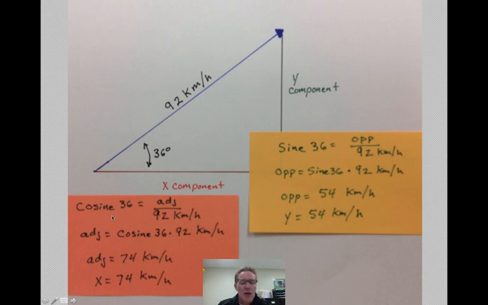Cosine of 36 is equal to adjacent over 92 kilometers per hour. We could rearrange and solve for adjacent. So adjacent is going to be equal to cosine of 36 multiplied by 92 kilometers per hour, which gives us 74 kilometers per hour. So the x component is going to be 74 kilometers per hour.